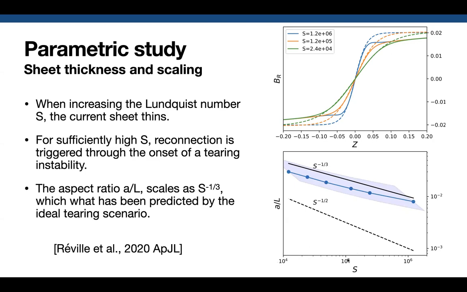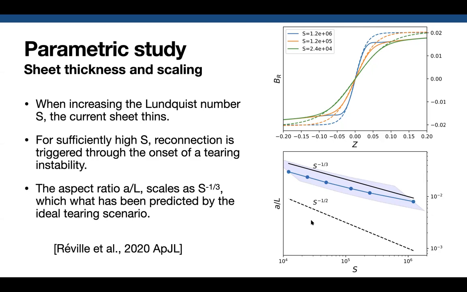But when you increase the Lundquist number to about 2 10 to the 4, 3 10 to the 4, then you have reconnection starting from this point. And then the aspect ratio that is reached before the onset of the tearing mode is following this scaling, which is very different from the S to the minus 1/2 scaling.